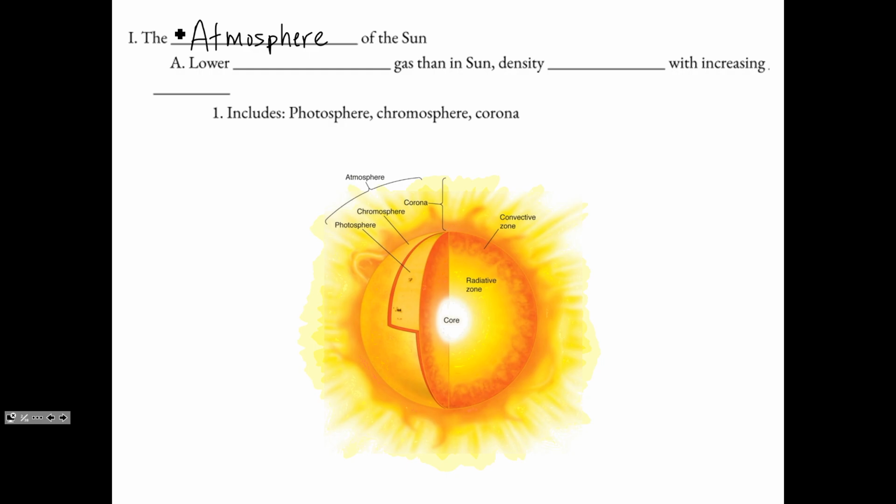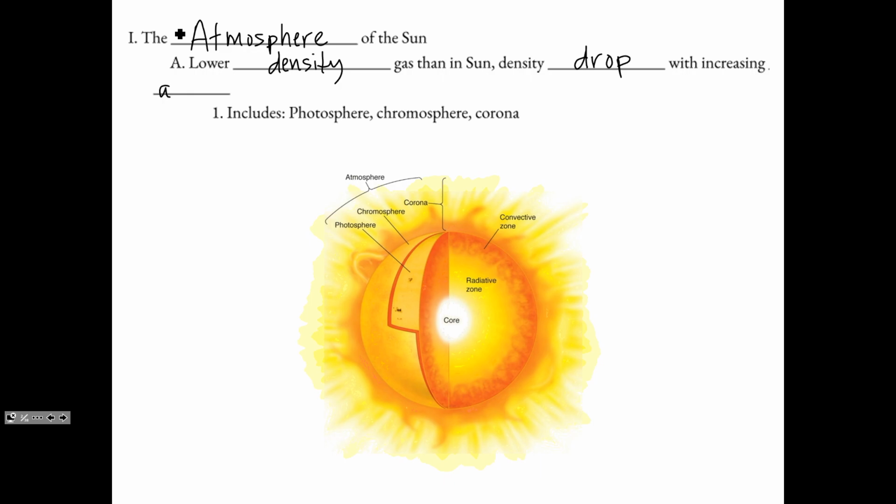So, the atmosphere of the sun. We think of the sun as this ball of gas or plasma, but there actually are layers above what we would consider the surface of the sun. Where you have lower density gas than in the sun proper is what we call the atmosphere. Another way to think about it is the density is dropping with increasing altitude.